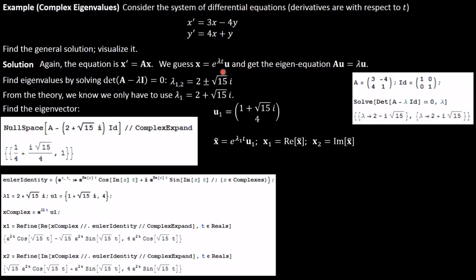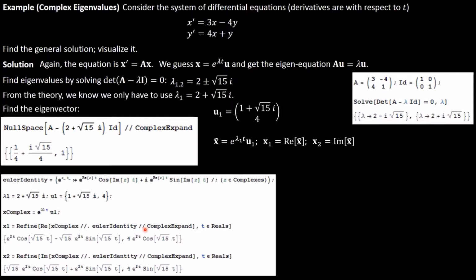So what we have to do is take the real part of it. But before we do that, we have to first apply Euler's identity and expand so we can combine like terms. And then we take the real part. And finally, we have to refine our answer, assuming t is a real number. If you don't do that, Mathematica won't really know how to simplify this.